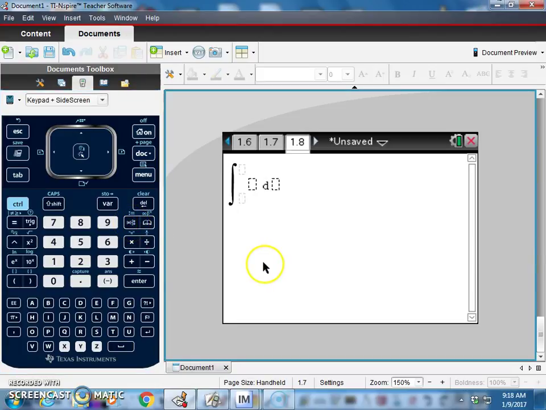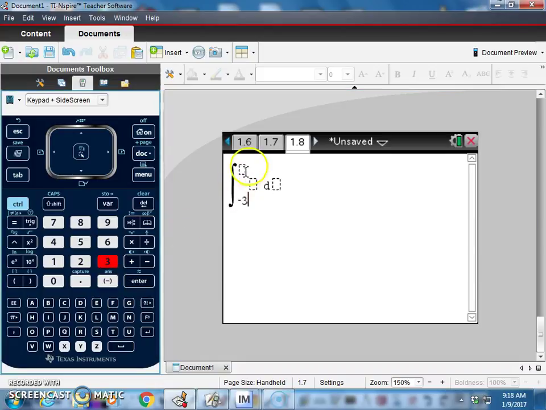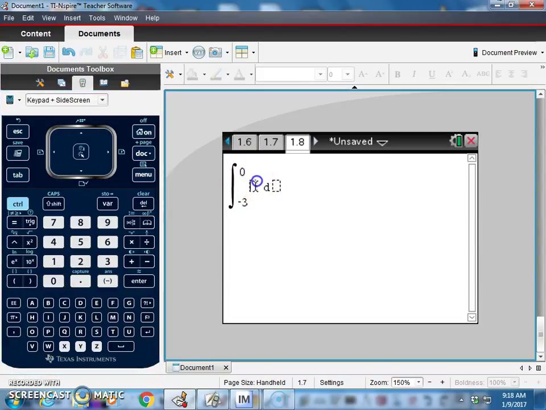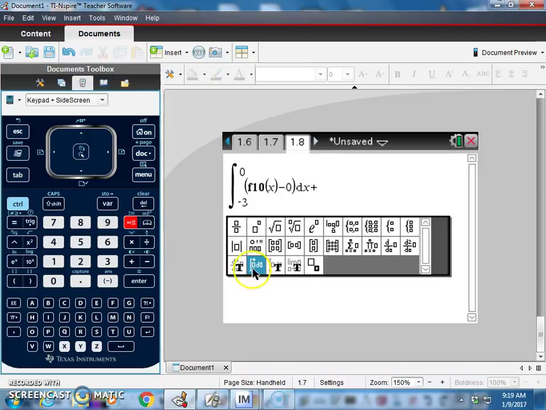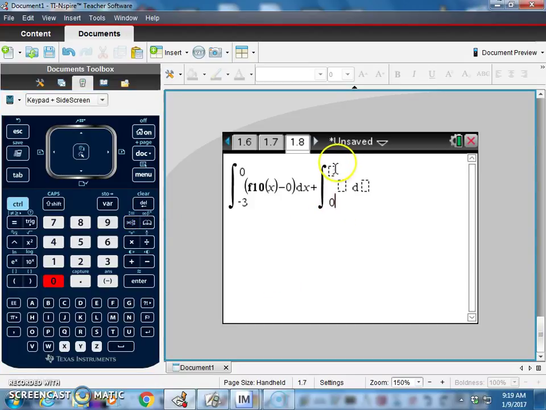There's our integration template, and I'm going to go from -3 to 0, and I'm going to hit F10 of x, and then I'm going to subtract 0 dx, and then I'm going to add, and we're going to do integral again, and this time we're going from 0 to 1, and I'm going to do 0 minus, and I'm going to go ahead and hit var, F10 of x again, dx.